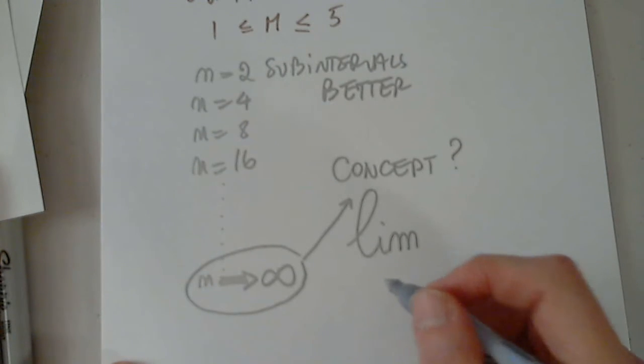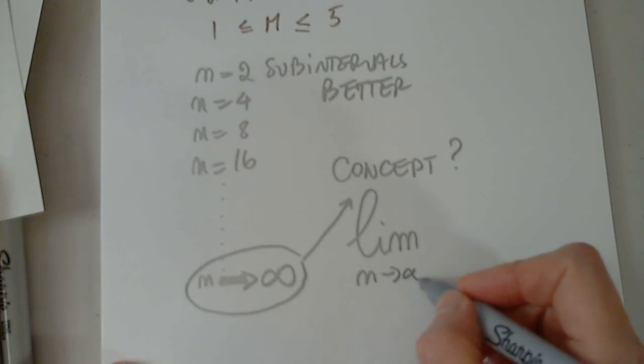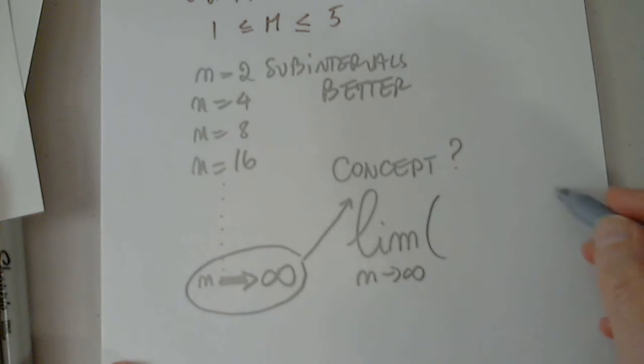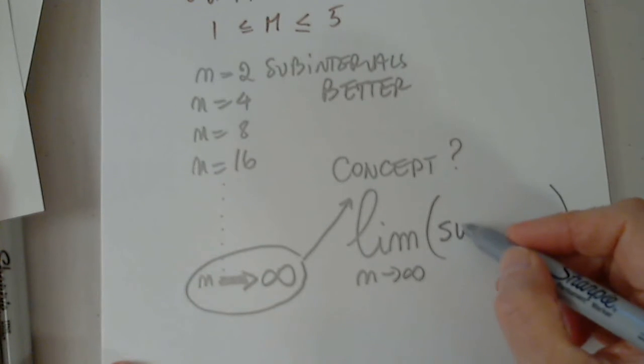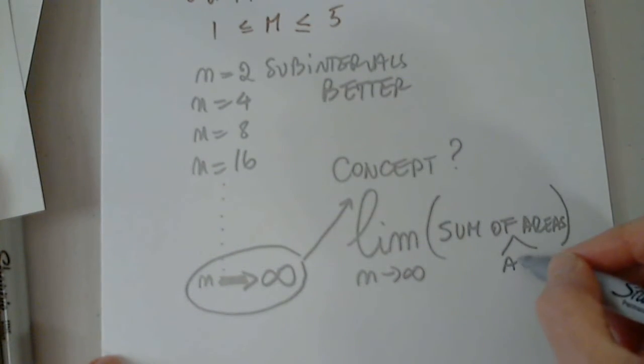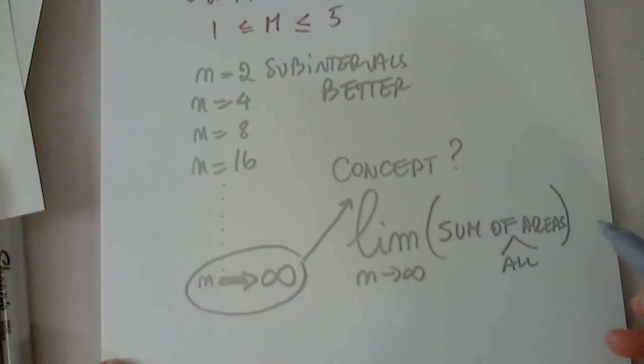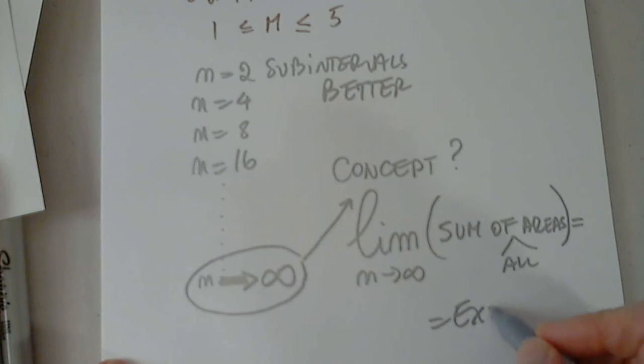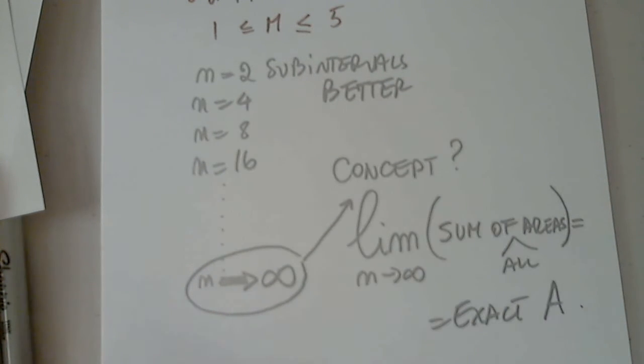So the limit as n approaches infinity, from the sum of areas. Sum of all areas. This will be the exact area. Absolutely.